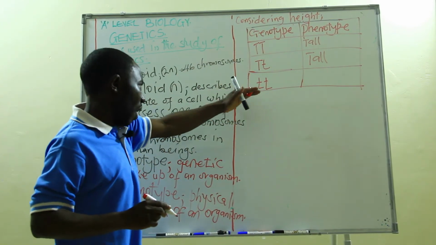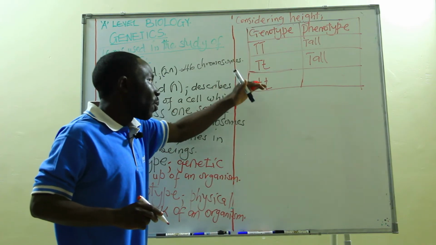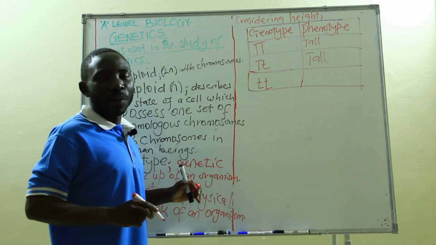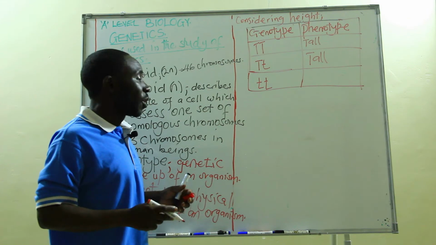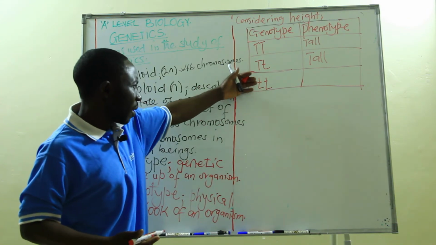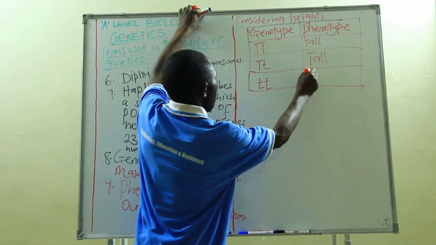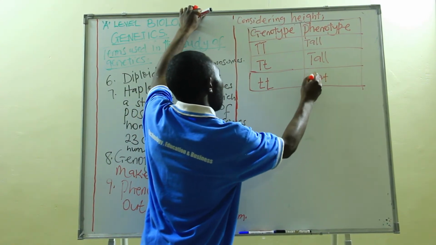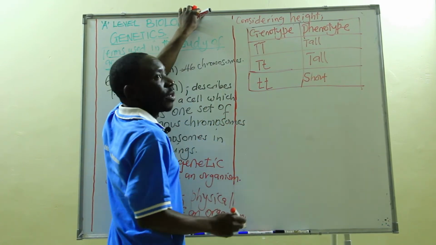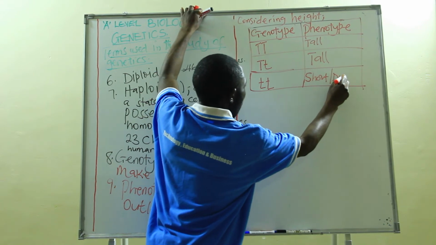Then, if we have another one whose genotype is double small t, we say it is homozygous recessive. Such an individual is a short individual. So the phenotype or physical outlook is short, or we say this is a dwarf organism.